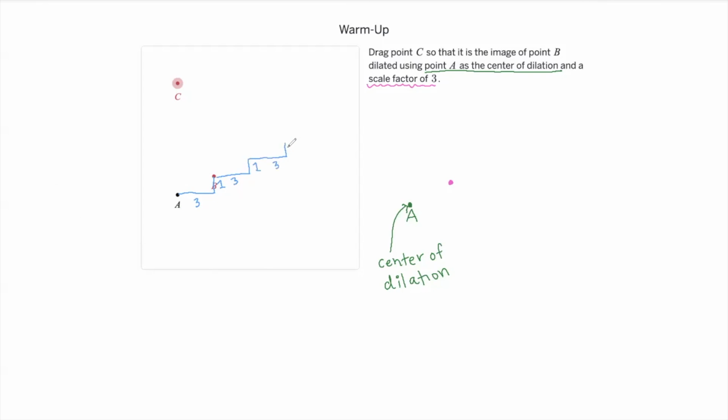These are just numbers that I've given them. In your notes, you could do the same thing. I would do a little dotted line. You're making 3 little stairs that are the same size, basically. And then this point right here will be your point C.